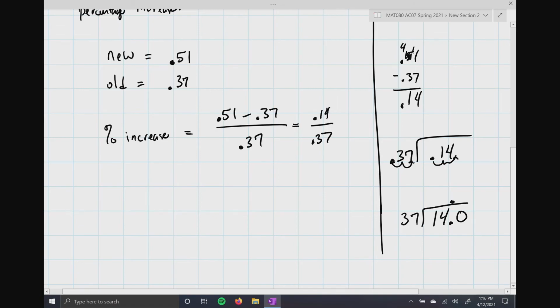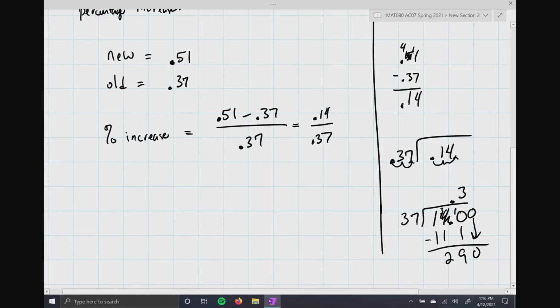It'll make our lives a little bit easier. So 37 goes into 140, 3 times. So 37 times 3 is 111. We subtract. So I definitely have to borrow here. So I put a 3 and a 10, 9 and 2, put a 0, drop it down.